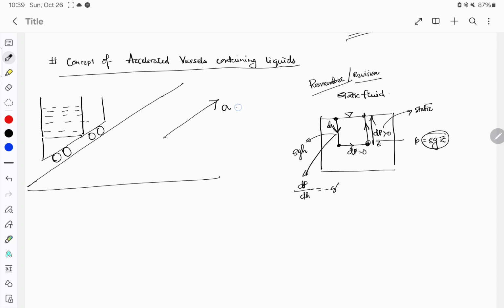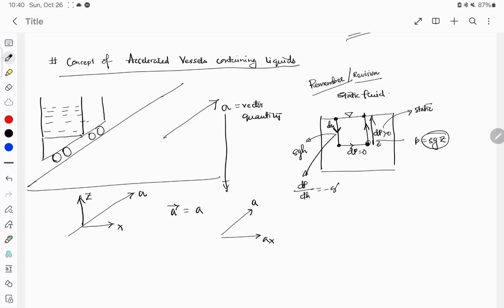So a is a vector quantity, as we know. If I consider this as the x direction and this as the z direction, and reduce a into components, the component of a in the x direction will be ax, and in the z direction will be az.